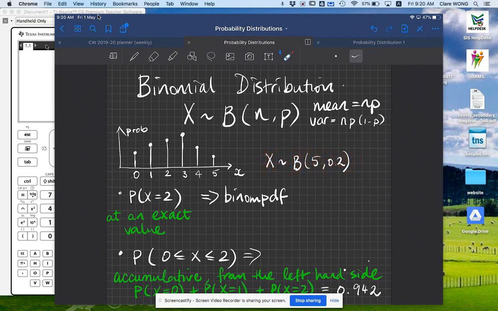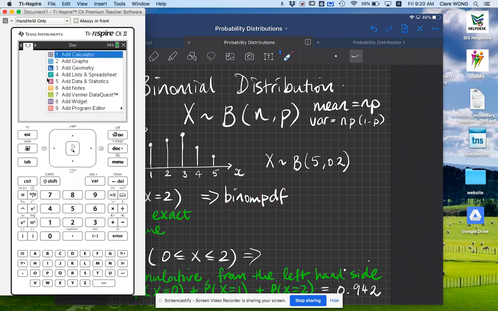Since binomial distribution is about a discrete random variable, we can have it equal to an exact value. So we can ask, what is the probability of x equals exactly 2? With that, we need to use binomial PDF. This would give us the probability at an exact value.